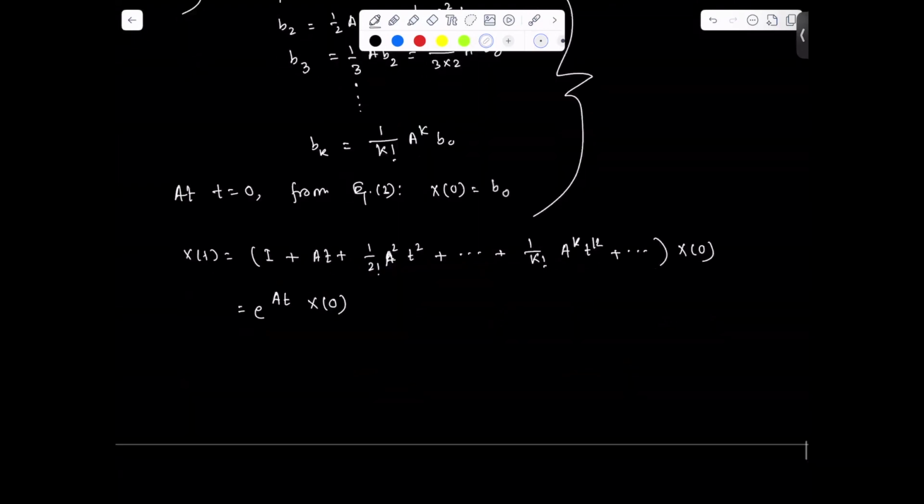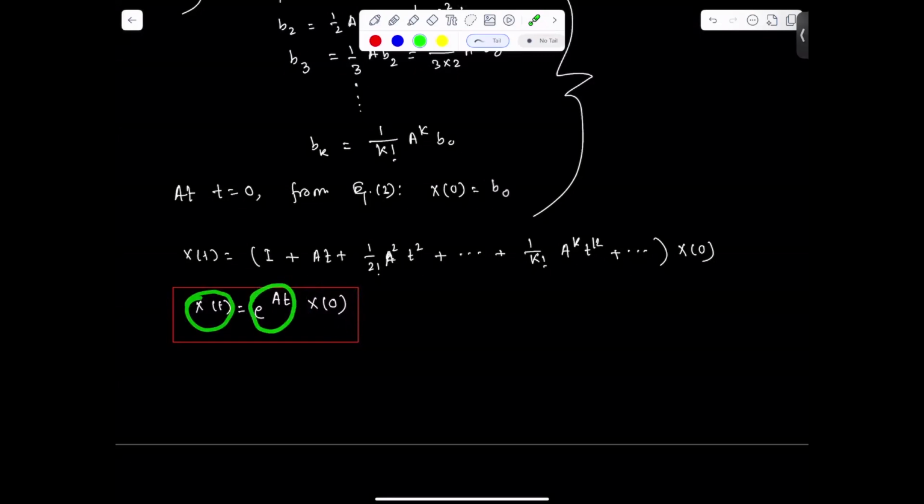Now from this solution, it is clear that we can transform any value x naught to x of t using the state transfer matrix. This is very, very important. So the state transfer matrix is very, very useful.